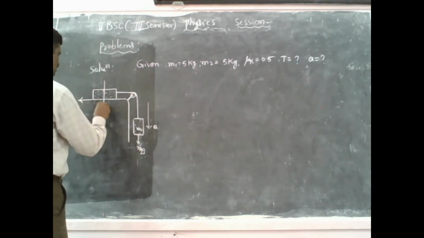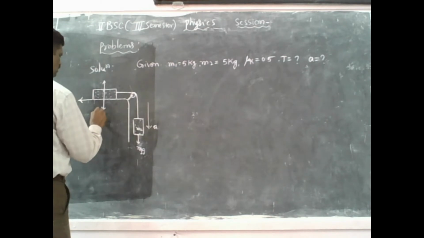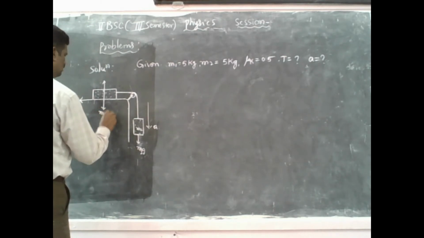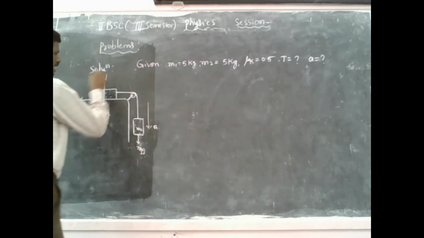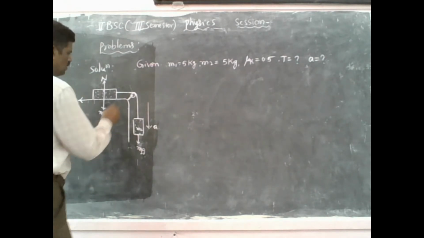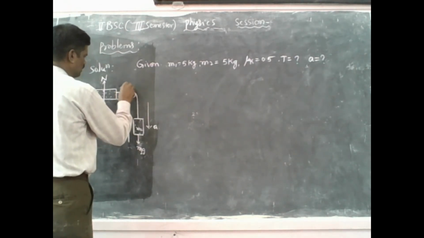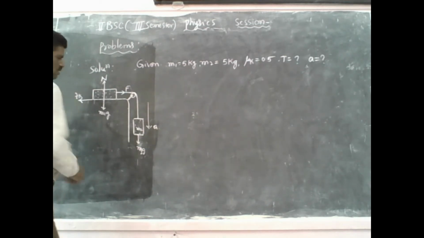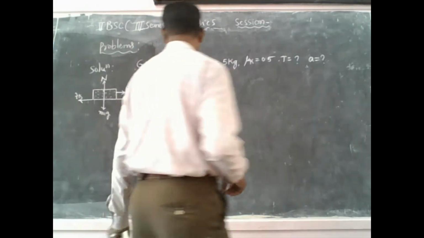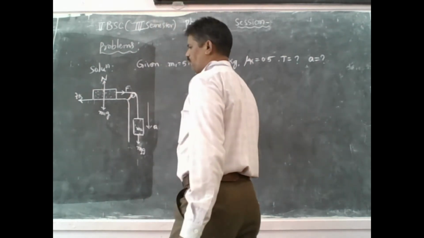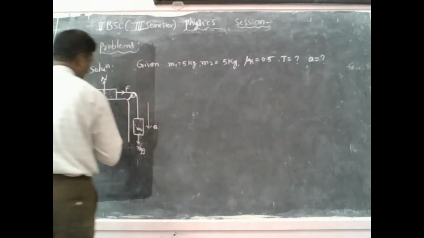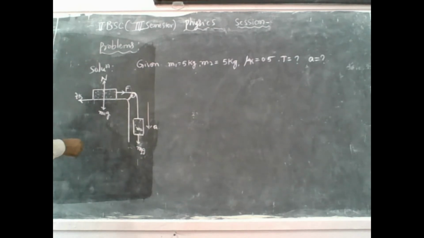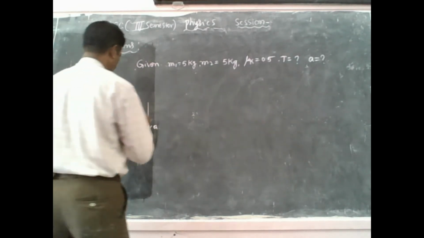The other has mass M1, so M1G, and the reaction is N. So here there is a force F, isn't it? And here is Fk. Because it is kinetic friction, the friction is in the opposite direction to the motion of the body, isn't it? So F is in the forward direction.